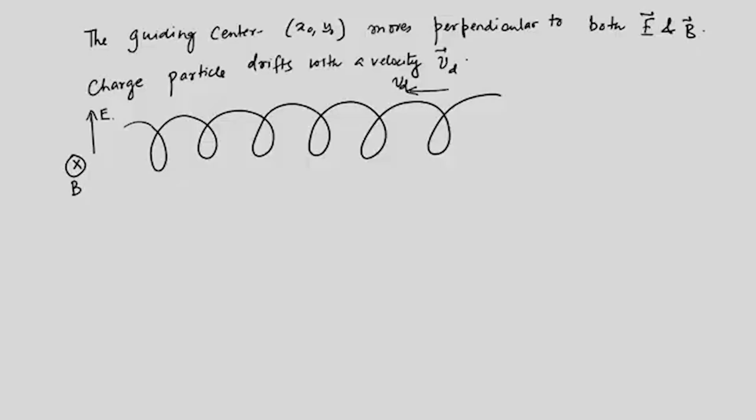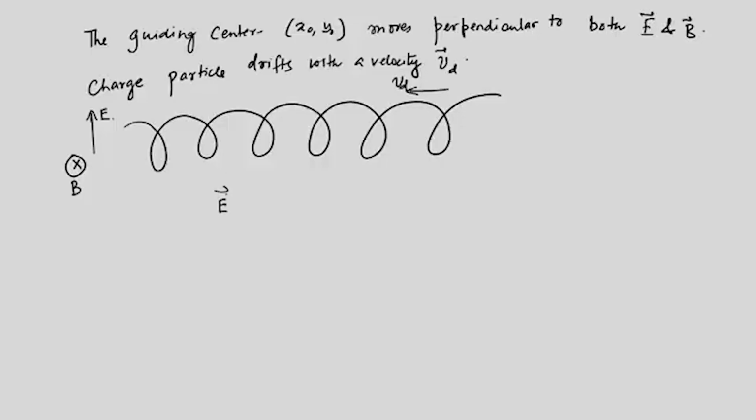So how do we explain this drift velocity, or what is the equation that it satisfies? The drift velocity satisfies E plus V d cross B equal to 0. This means the net force is 0, and V d is defined by this equation.